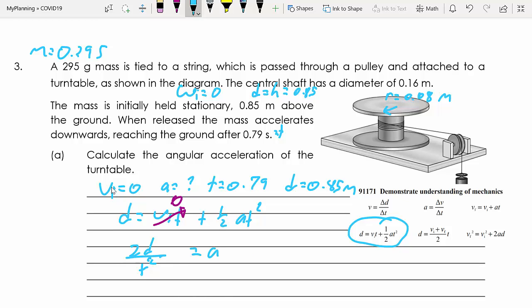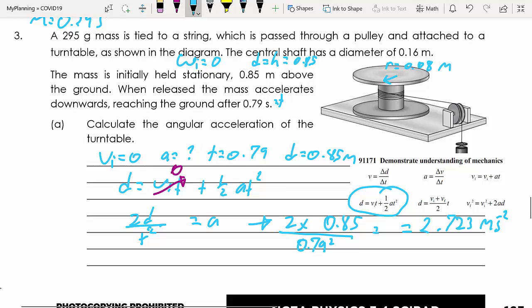Like before, because it started off at 0, that makes that whole part of the equation really easy. And if I'm solving this for A, then it's going to be 2 times distance divided by time squared. That gives me 2 times the distance, 0.85, divided by time squared, 0.79 squared. So you would do the top line in brackets, so 2 times 0.85, close bracket, divided by 0.79 squared, gives me an answer of 2.723 meters per second squared. And it did actually say calculate the angular acceleration.